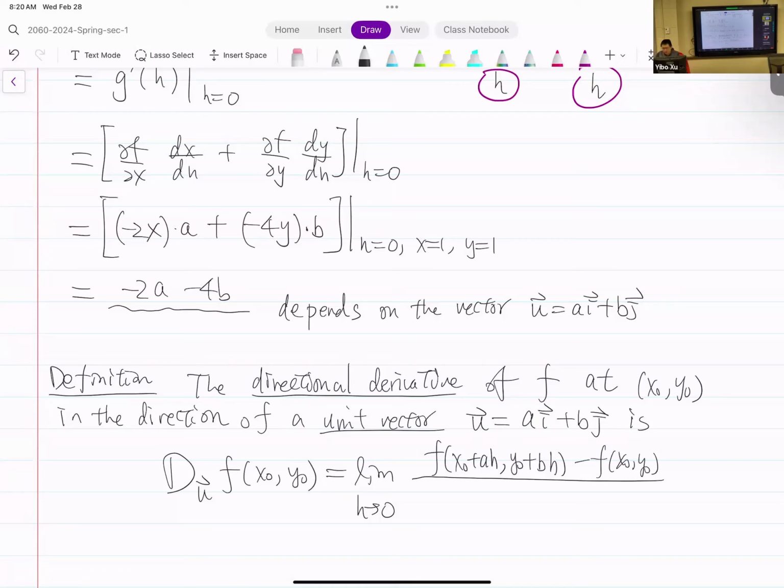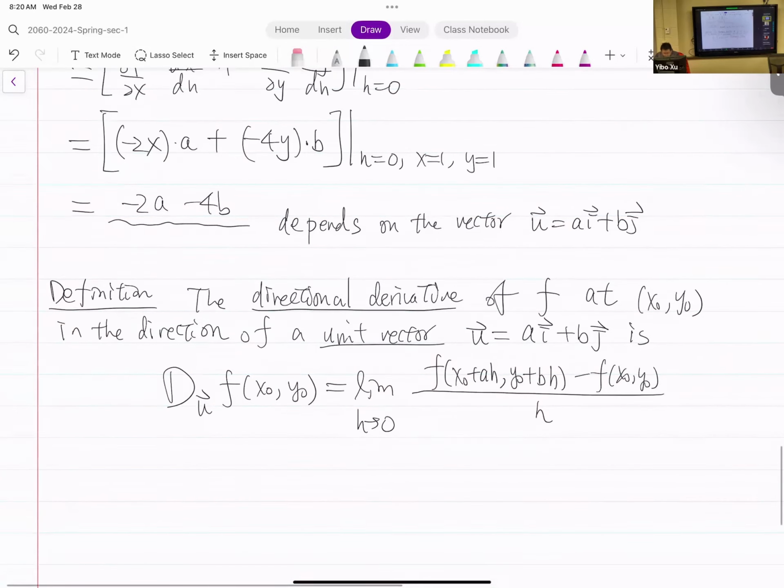So this is changing the output, right? And changing input is h, so h units along the direction u. To formally write down the definition of the instantaneous rate of change is going to be this.